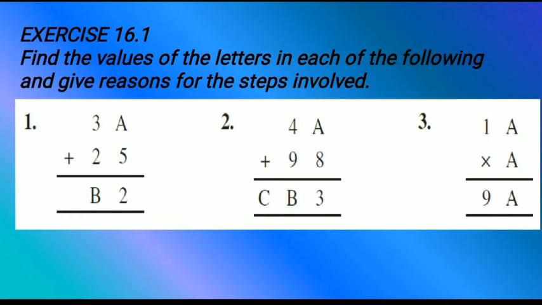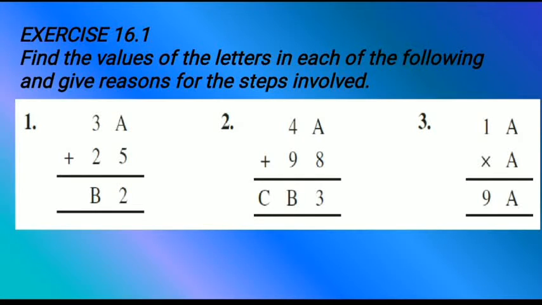The first question is 3A plus 25 gives you B2. Here A stands for a digit. Now 5 plus which number would give you 2? 2 is smaller than 5, so the number added to 5 should give you 12, and then you can carry over 1.